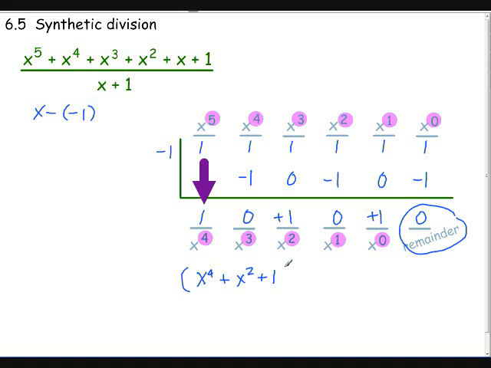So this one turns out that x plus 1 was a factor of this polynomial. Well, I know the numbers weren't difficult, but you did have to stay on your toes about where you had zeros. So that's a little bit tricky.